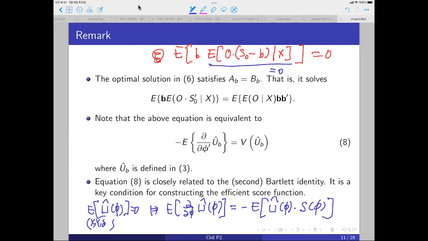So phi is the parameter of interest, and the other parameters you don't care about, so that is called the nuisance parameter. In a parametric model, the nuisance parameter space is finite. But here, we allow this parameter space to be infinite.